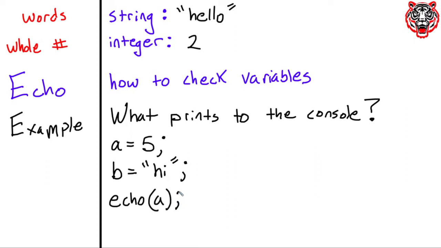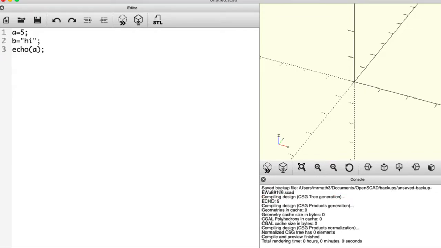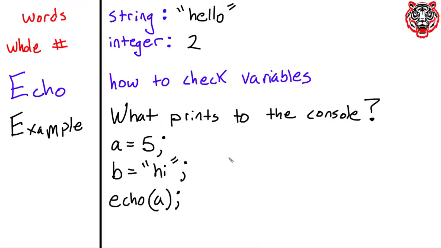Okay, so now what would happen? If I did have a semicolon, what would it print out? And I saw like 4 people get it. Quiet raised hand for Cohen? Yeah, so it's going to say something along the lines of echo 5, and we can see exactly here, echo, and then colon, and then 5. So the correct answer here is, I'll do that in comments, it'll say ECHO colon 5.